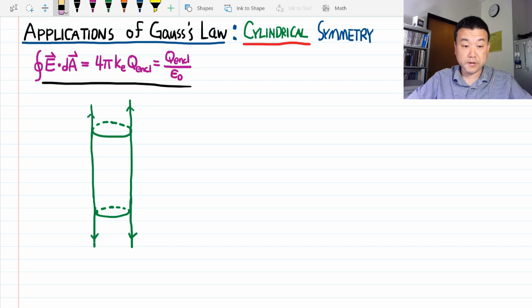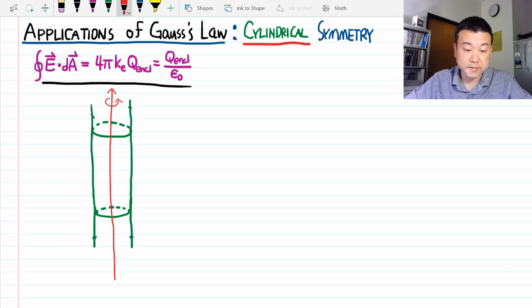With a cylinder like this, we have two clear symmetry operations we can do. One is rotation. But unlike with a sphere, I have only one axis of rotational symmetry. I can rotate this cylinder around this axis and nothing will change. So that's one.